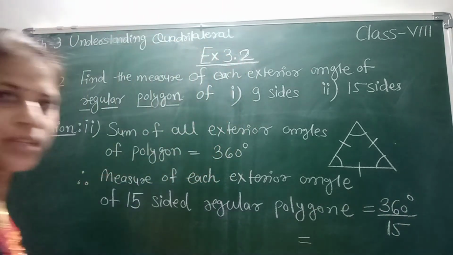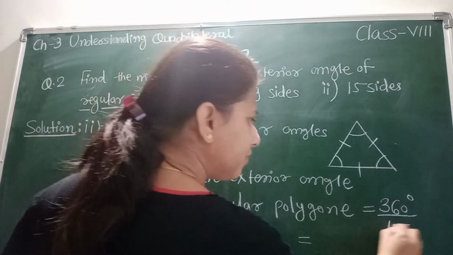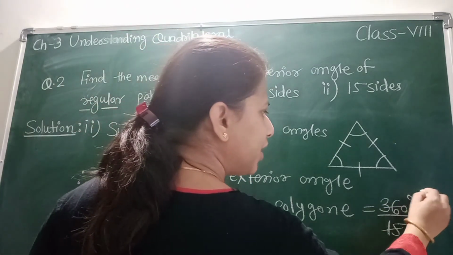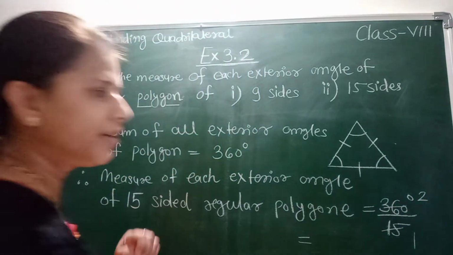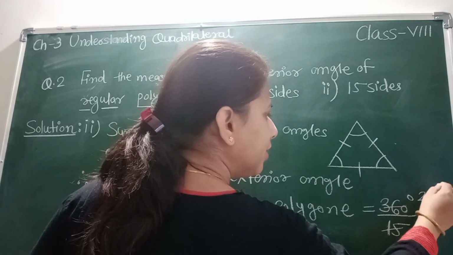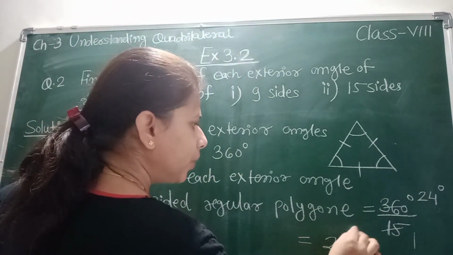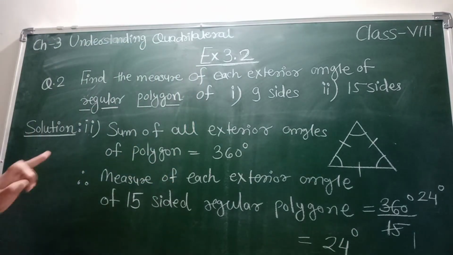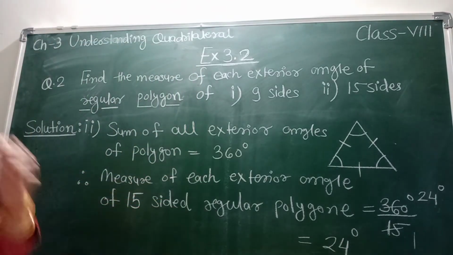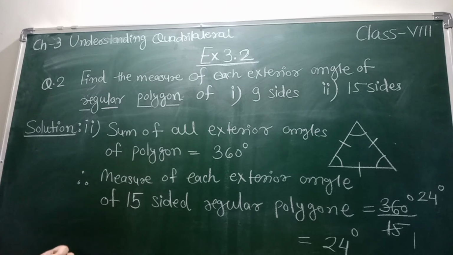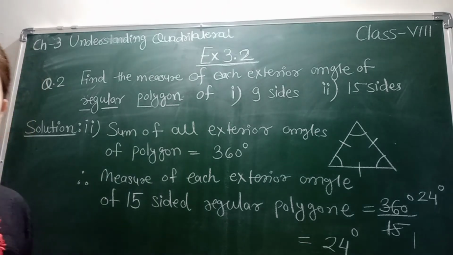Now you have to simplify this. Divide this. 15 ones are 15. 15 twos are 30. 6 will remain. 15 fours are 60. What will be the answer? 24 degrees. The measure of each exterior angle of a 15-sided regular polygon will be 24 degrees.